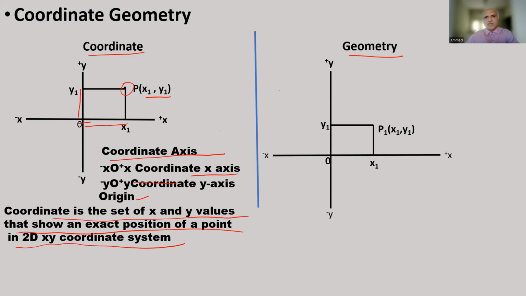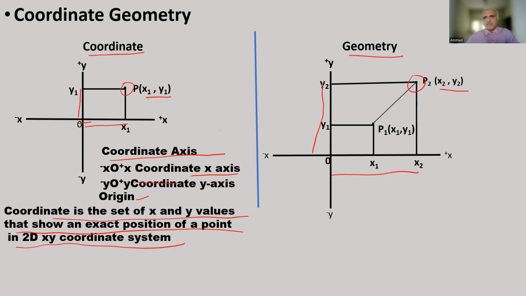Now come to the geometry. Take the same figure. If we take any other point over there, called P2, we can also locate the position of this point by drawing a vertical and a horizontal line. If this distance is x2 and this distance is y2, then we can say the coordinate of P2 is (x2, y2).